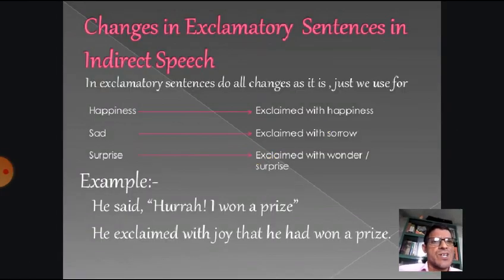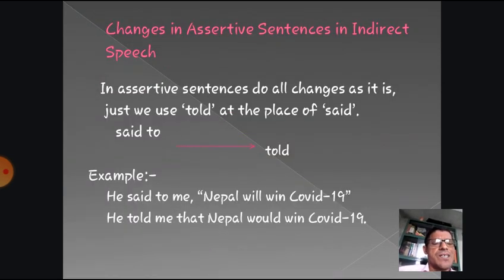Now let's talk about another type of sentence. Sometimes sentences are not only in affirmative form, sometimes the sentence might be in negative form. So whether sentences are in affirmative form or negative form, you should do it in the same way.